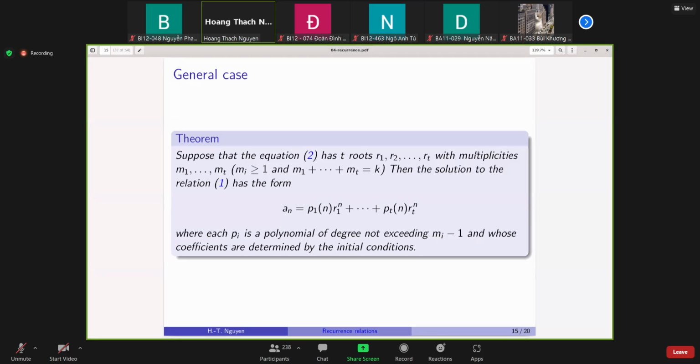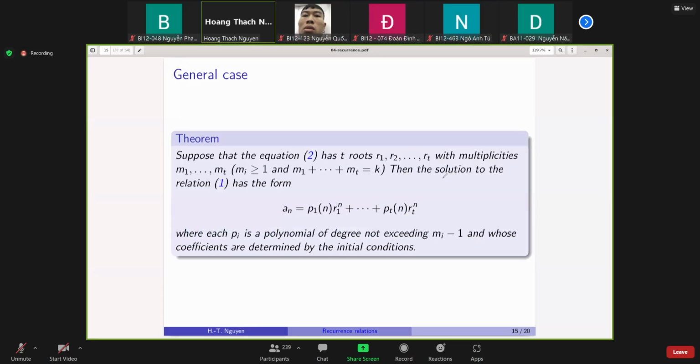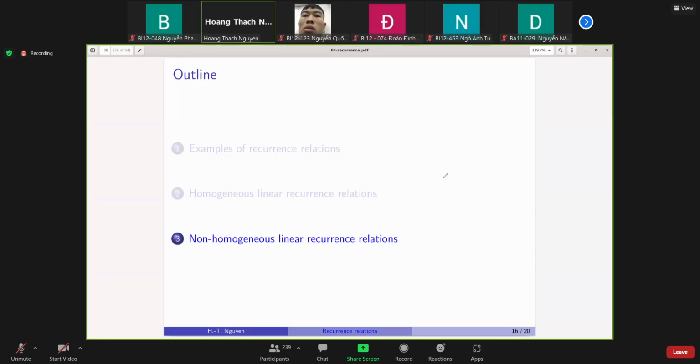Okay. So let us take a break, and after the break, we will look at the more complicated case where our recurrence relation is non-homogeneous.